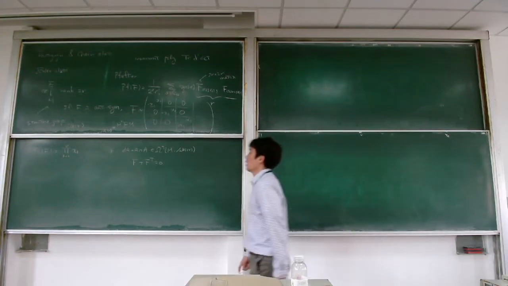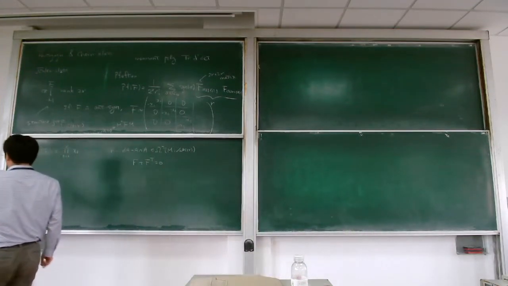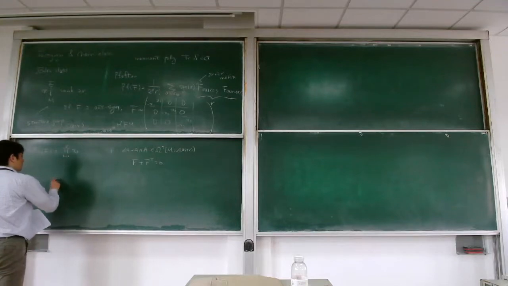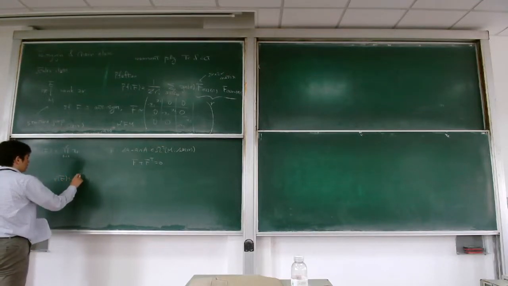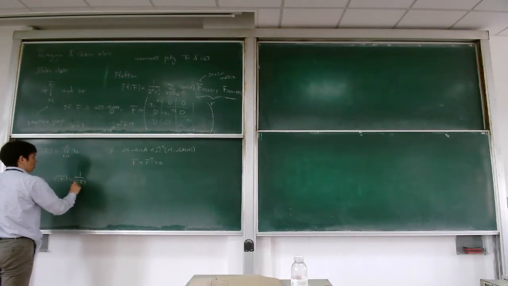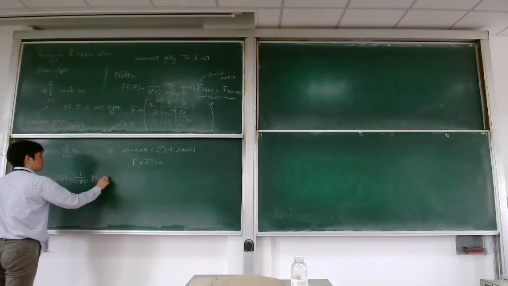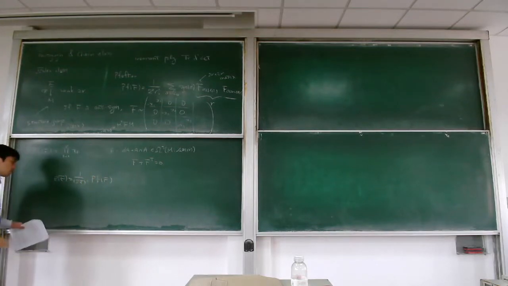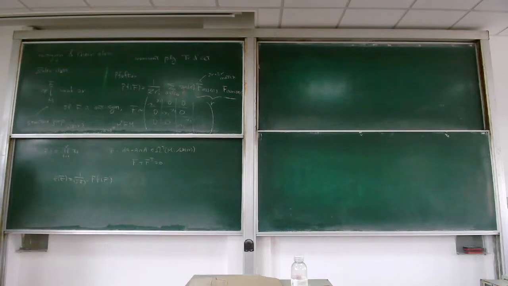So the Euler class of E is given by the Pfaffian of F.